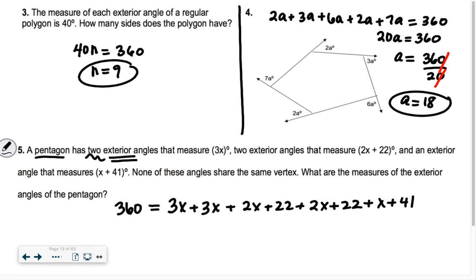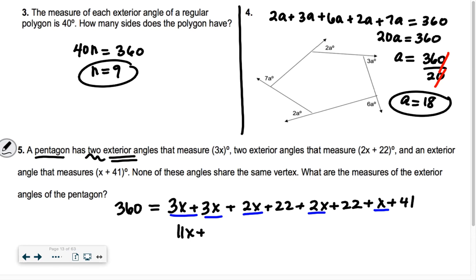And then we just solve it out. So I have 6x plus 2x is 8x plus another 2x. So I'm combining all these terms. Oops, not 22. That's not a like term. So I get 10x plus, oh, I don't get 10x. What do I get? I missed one. 11x, right?